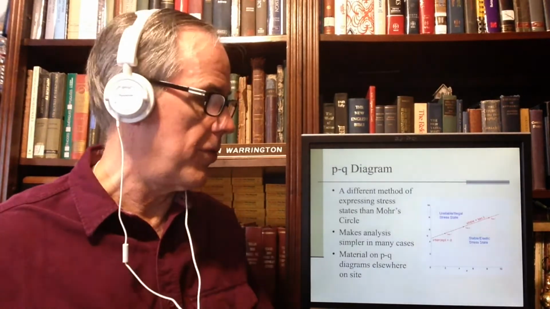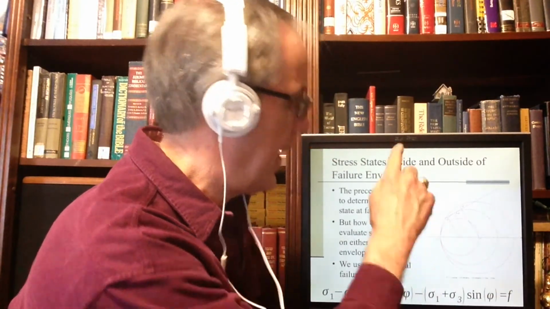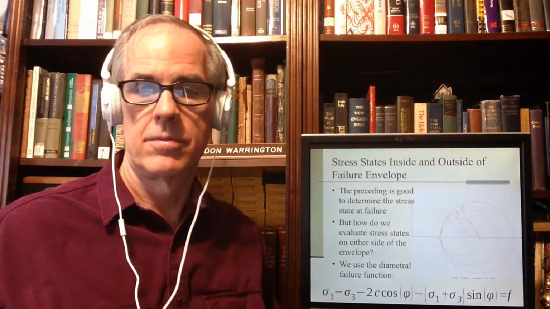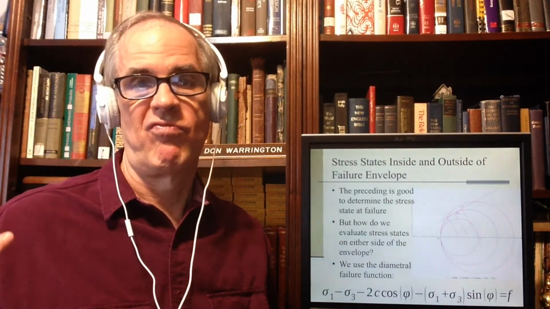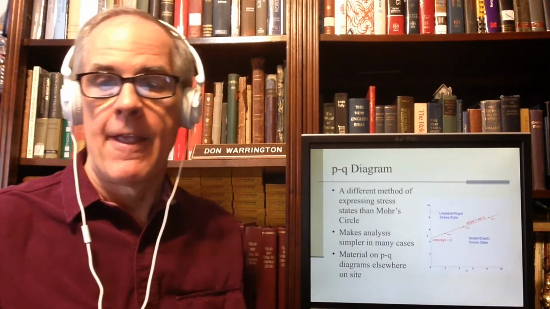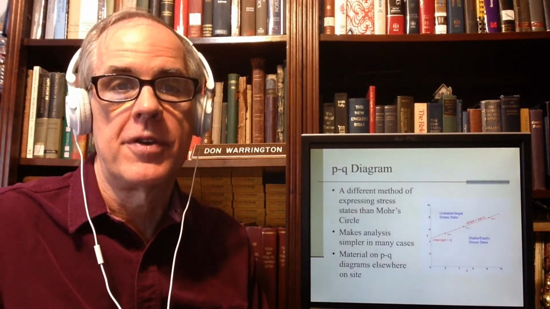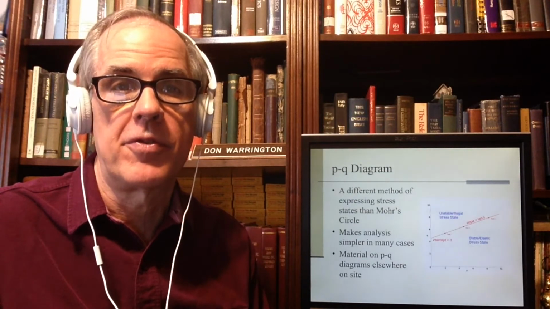With a regular Mohr-Coulomb diagram, you've got sigma this way and tau this way. With a PQ diagram, P is equal to the first principal stress plus the third principal stress over 2.